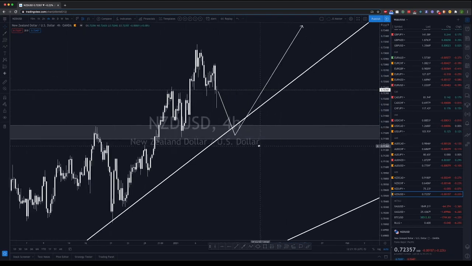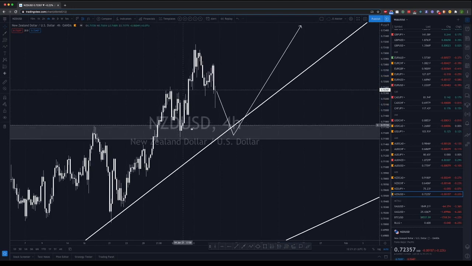If price comes back into this level, then I'd look for entry in and around this area. So we'll see how it plays out. It might, because of this rejection that I'm seeing at this level, you might actually see price just bounce from here and just push up, right? So I'll keep an eye on it and see how price plays out.